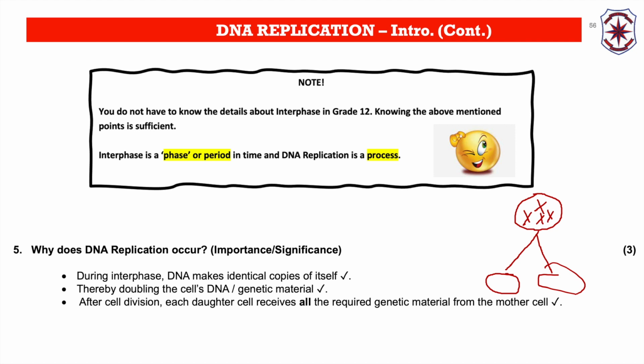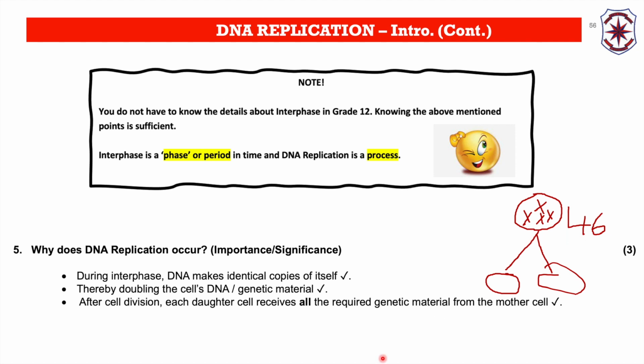The human body cells contain 46 chromosomes. These 46 chromosomes contain all the genetic material or DNA of a human being. All the genes, all the DNA codes. So all the DNA is contained within these 46 chromosomes.